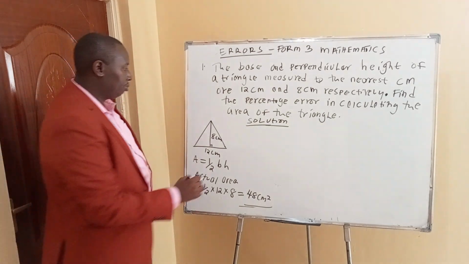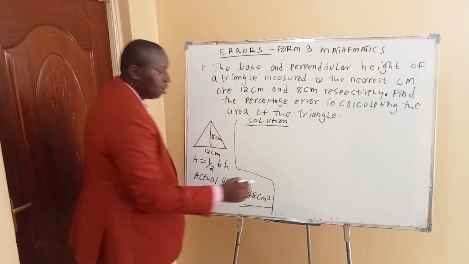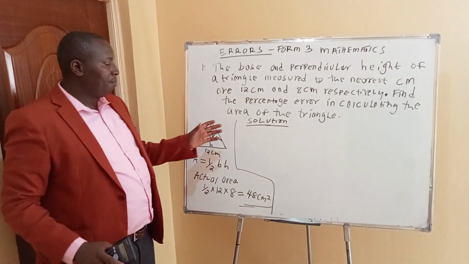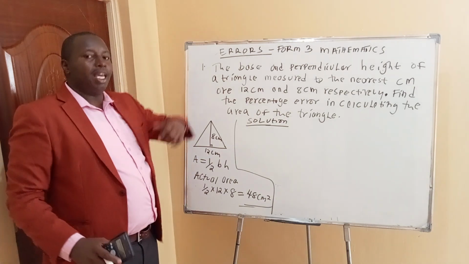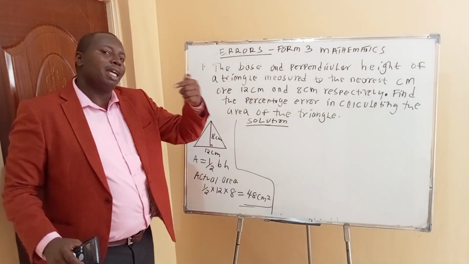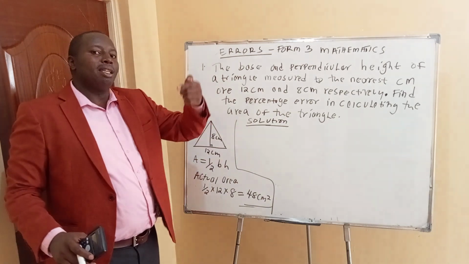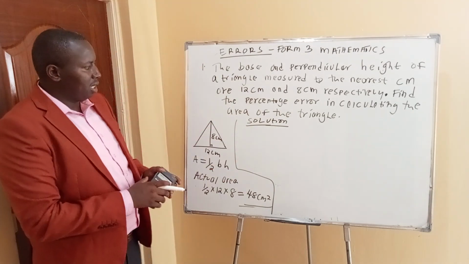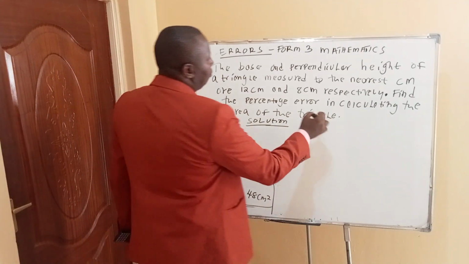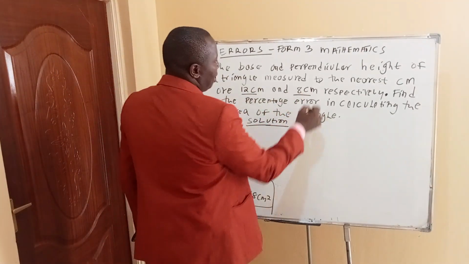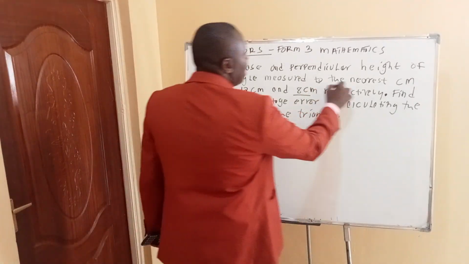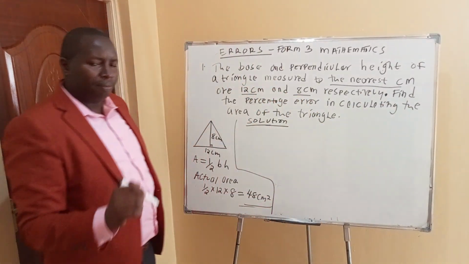Step number 2: you find the maximum area, then the minimum area. In this case, you are given 12 centimeters and 8 centimeters, but you are told, measured to the nearest centimeter.